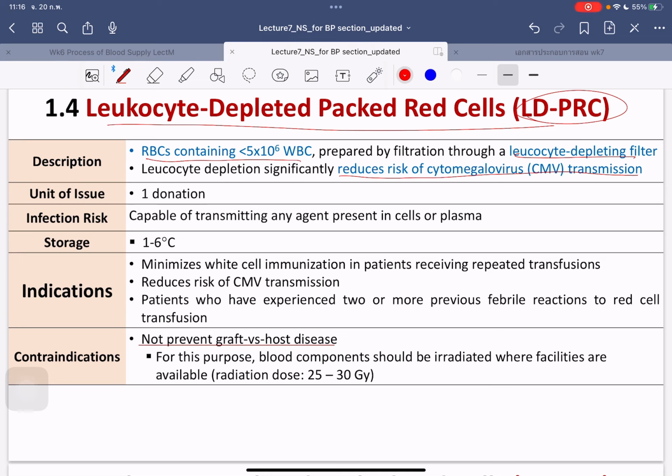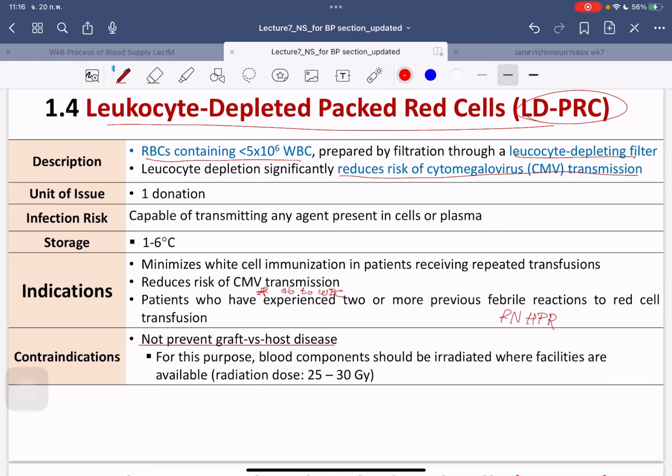And second, a patient who often receives blood components can produce antibodies to white blood cells. In that case, the patient will have a fever after red blood cell transfusions. We call this FNHTR. So to reduce FNHTR, we should use LDPRC.